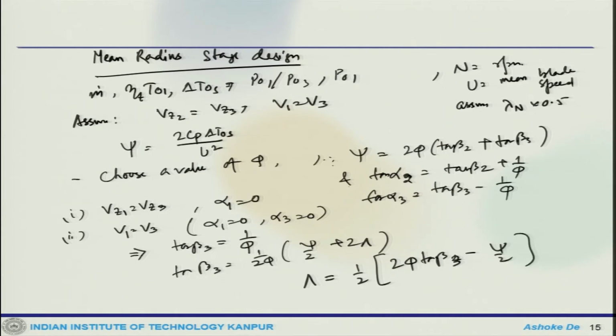Now, this degree of reaction increases from root to tip, therefore small values of degree of reaction at mean radius must be avoided, because that will mean negative degree of reaction at the root.